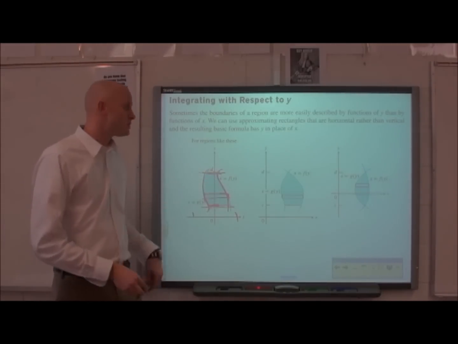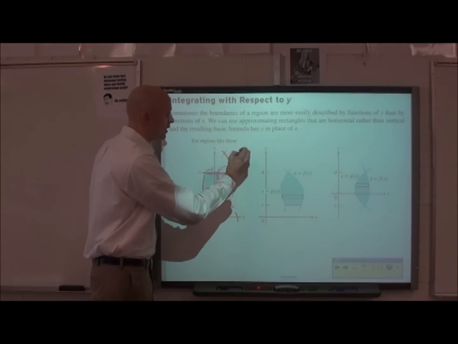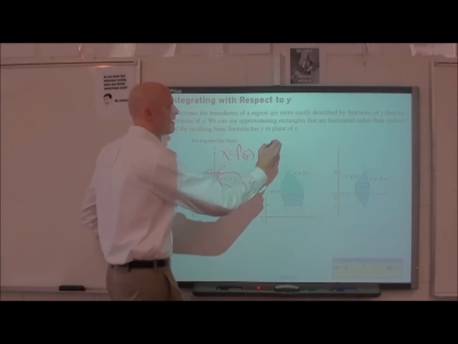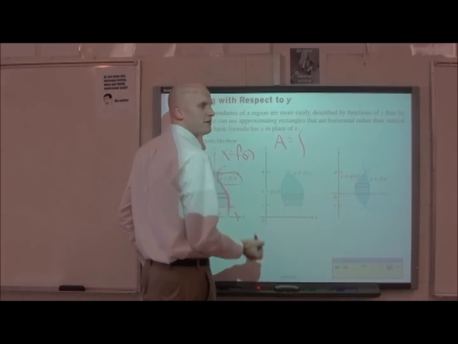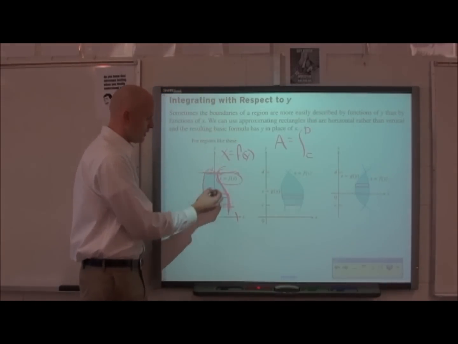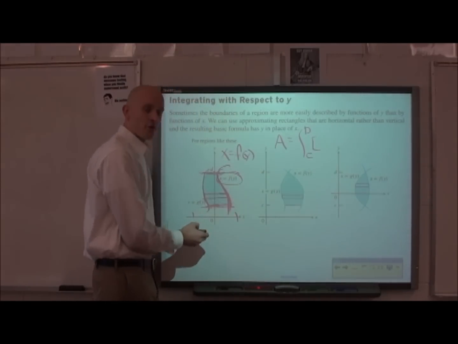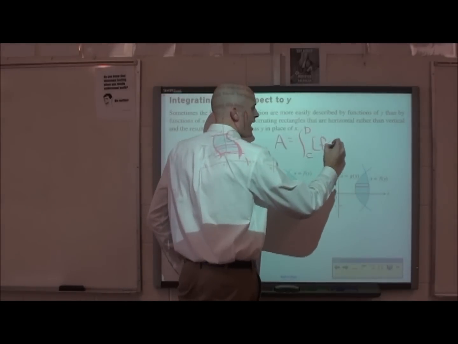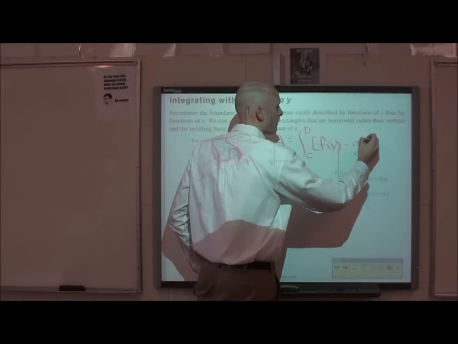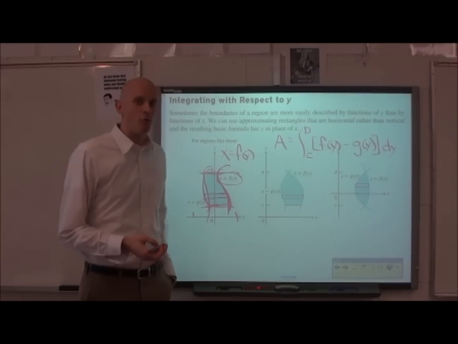So the area between two curves, if I have a curve where the x values are described in terms of y, which is a little different than you're probably used to, will be given by the definite integral from C to D, lower limit to upper limit, of the right side, f of y, minus the left side, g of y, dy.